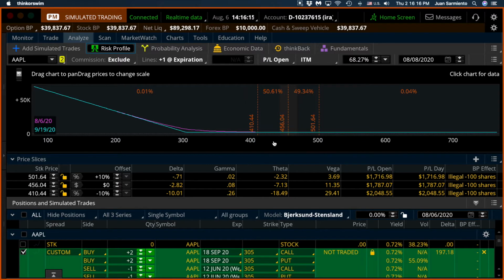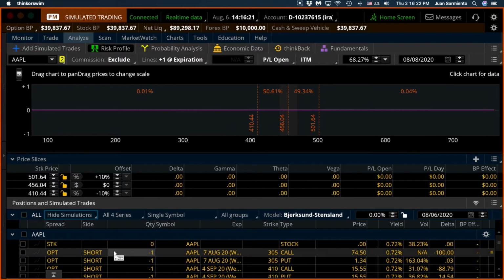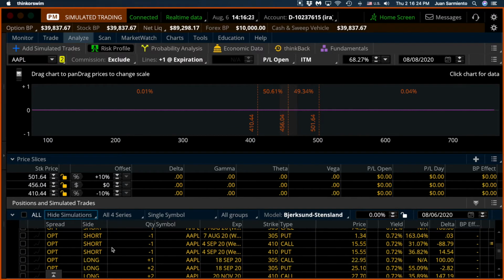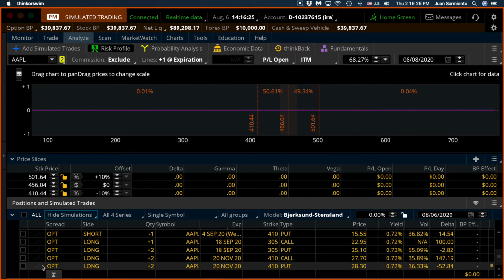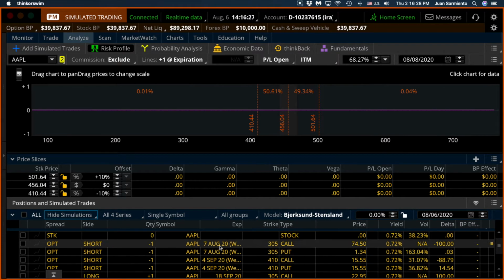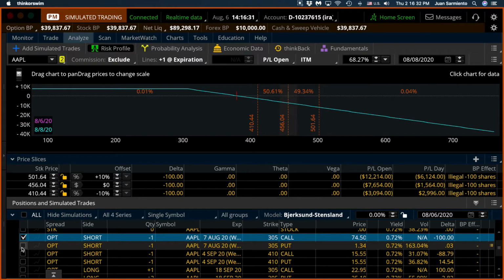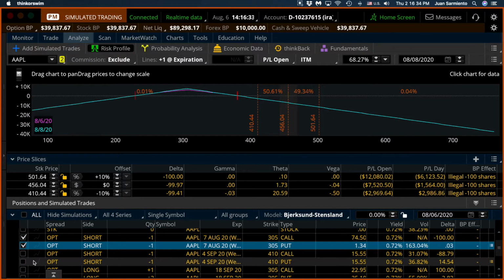Okay, and so the calls and puts that I still have remaining, I'm going to show them to you. Let's show you here the ones that are 305. I have one short call and one short put.